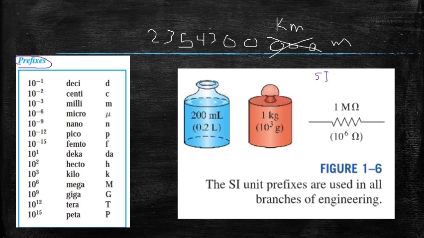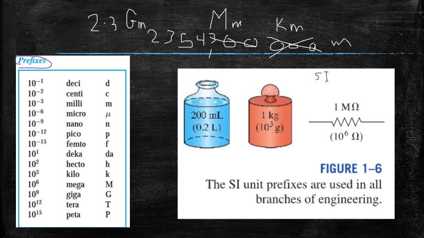Or we can eliminate more and say megameters. Or we can say 2.3 gigameters. This is an easy way to express numbers or values in international system units.